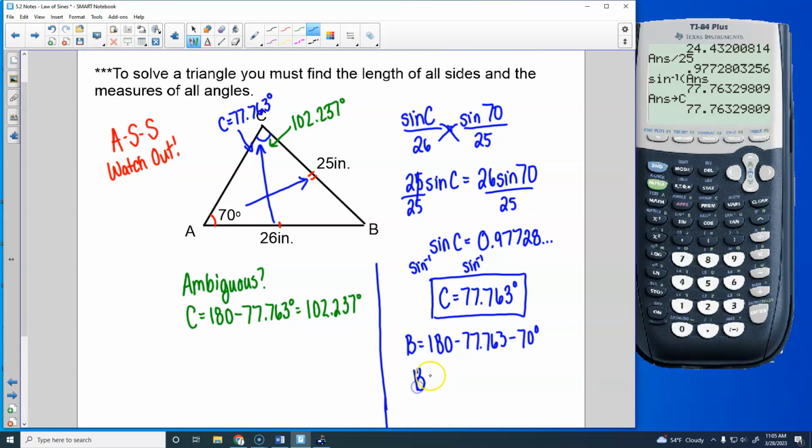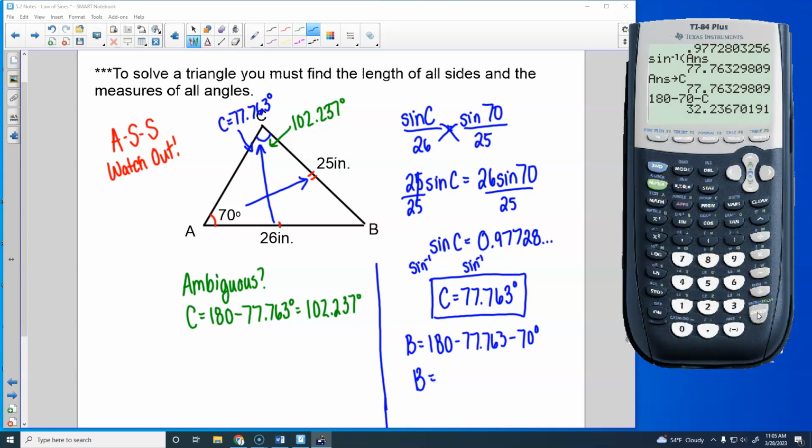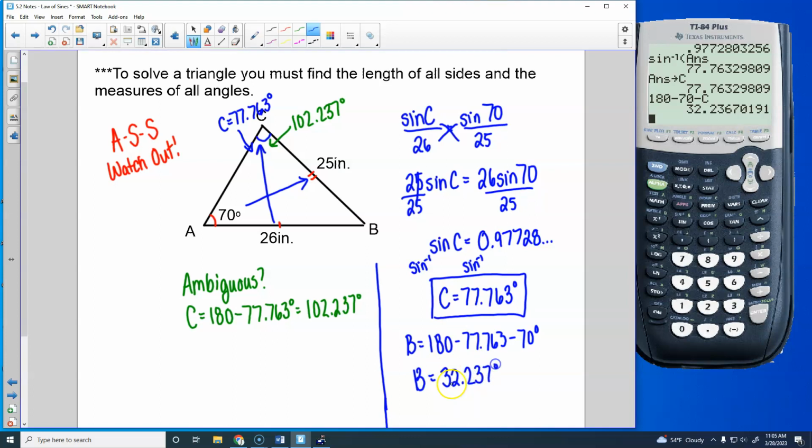And so for B, we do 180 minus 70 minus C, we get 32.237. Okay, so now we have all of the angles of the triangle. This B right here is 32.237.